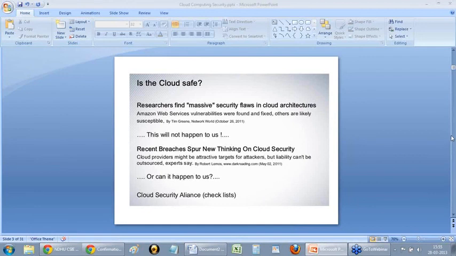The next question is from Parvati. She asks why physical control in cloud is most important as mentioned by you. Physical control is most important especially for compliance and regulatory issues.